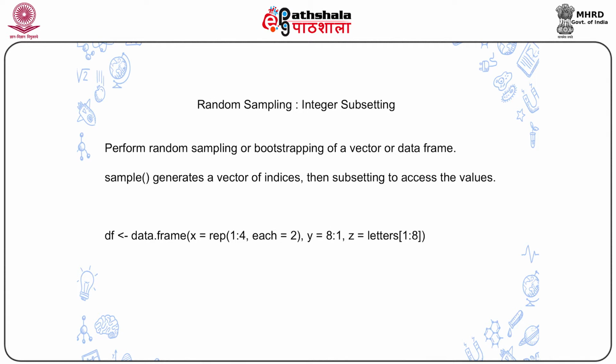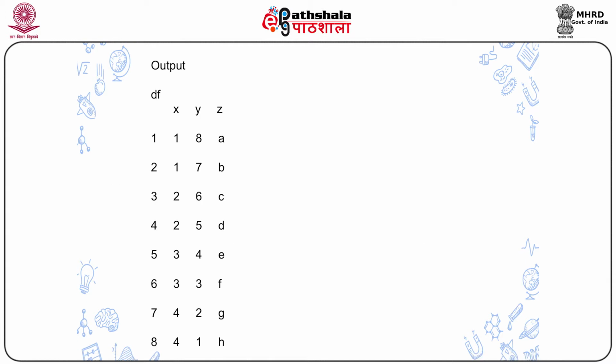Here comes the idea of random sampling subsetting. You can use integer indices to perform random sampling or bootstrapping of a vector or data frame. The sample function generates a vector of indices, then subsetting is used to access the values. Here, df is the data frame where x and y contain digits and z contains letters, as it is shown here, and here is our data frame.